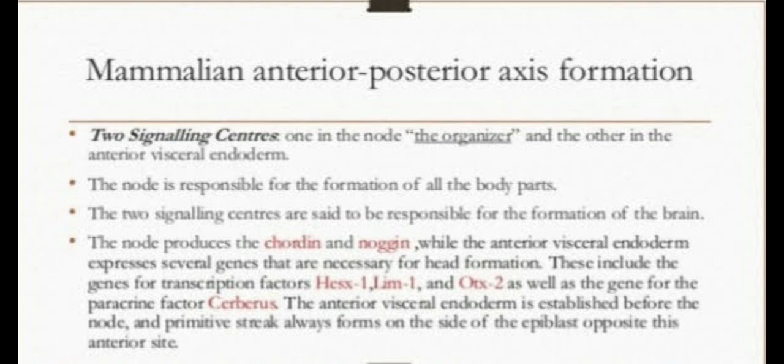So we can say that the node produces chordin and noggin, and AVE expresses several genes that are necessary for the head formation.